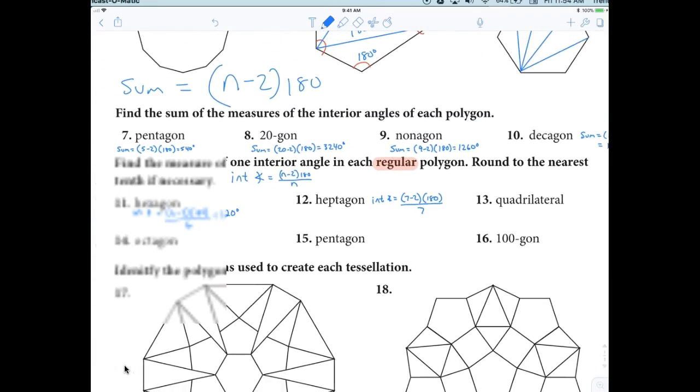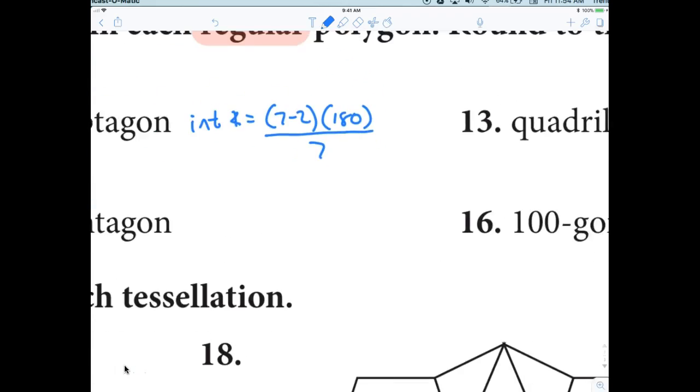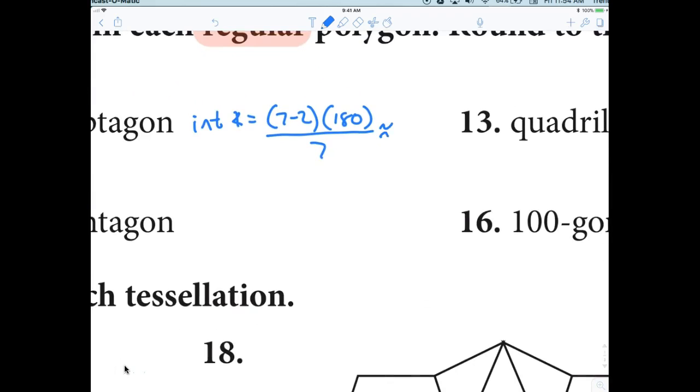And it says round to the nearest tenth. So what is it? Go ahead, Sebastian. 128.6, and again, 128.6 degrees. Is everybody happy with that? All right, everybody good?